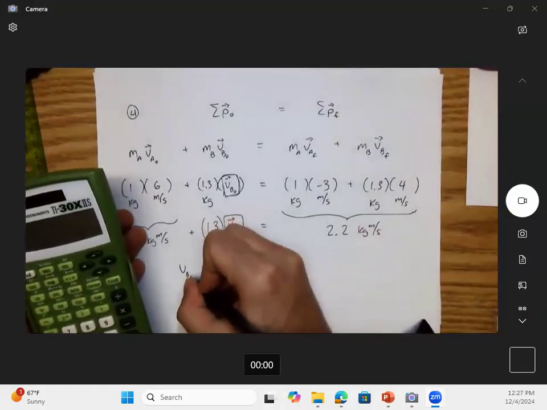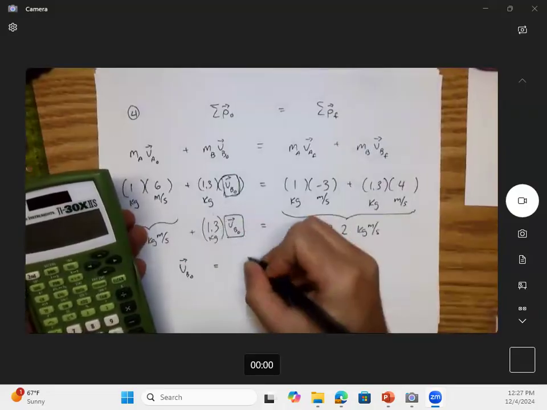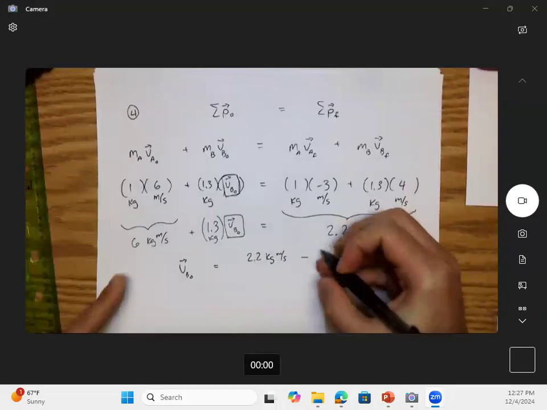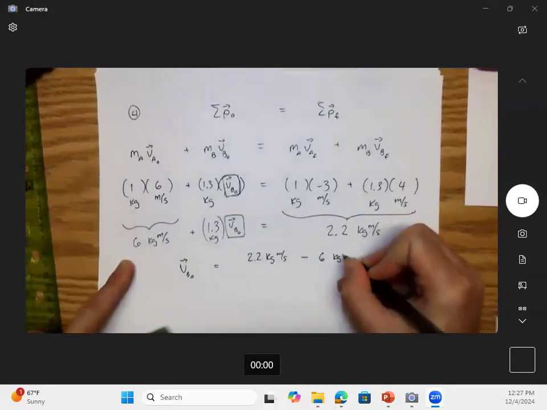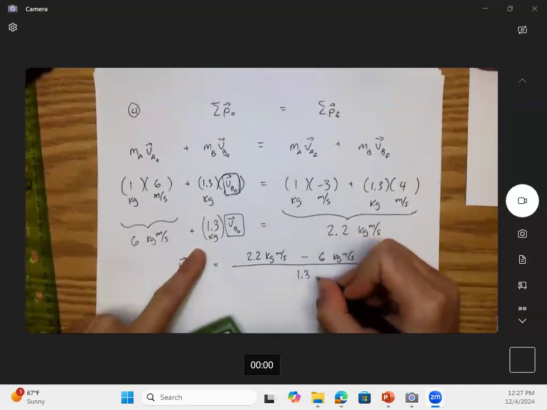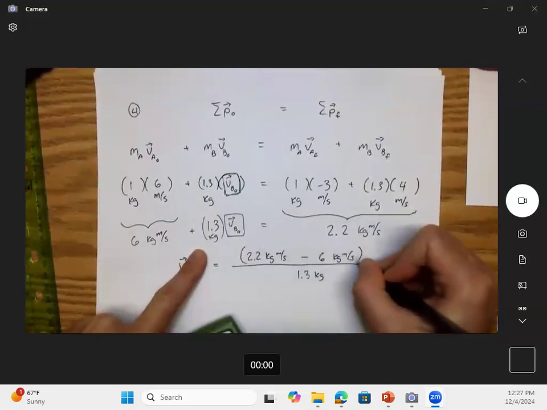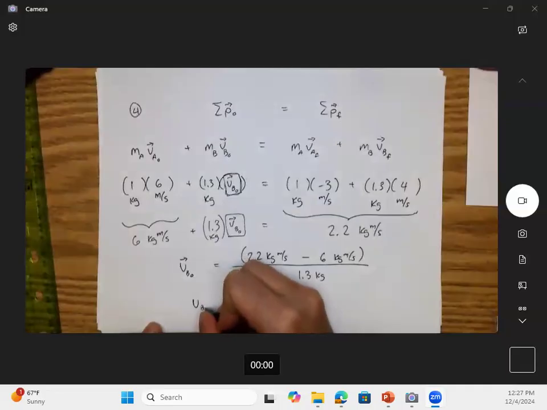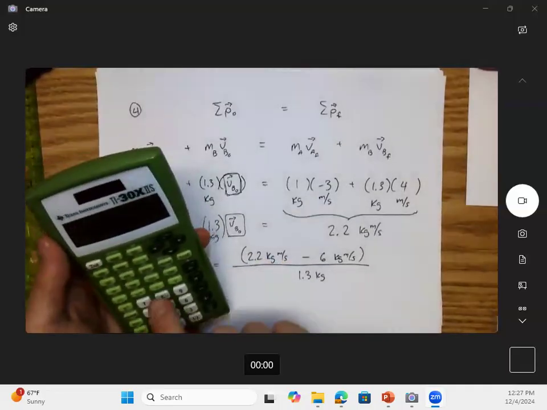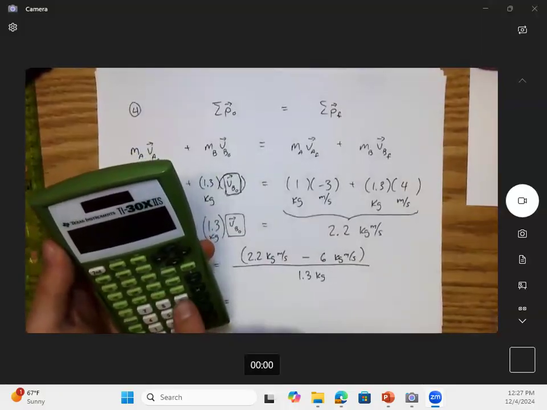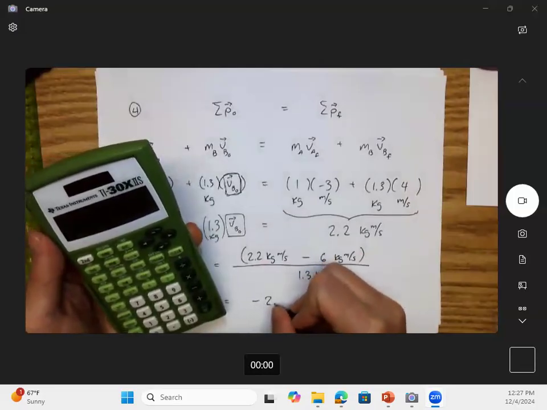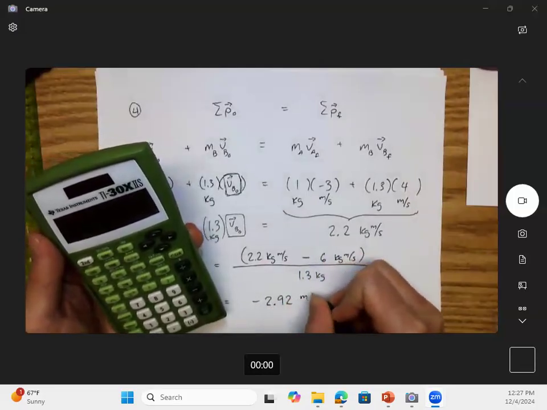So VBO is this many kilogram meter per second minus this many kilogram meter per second, all divided by this mass in kilograms. VBO is, let's see, this many meters per second.